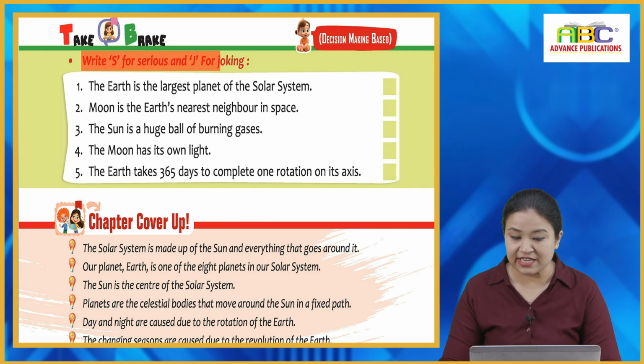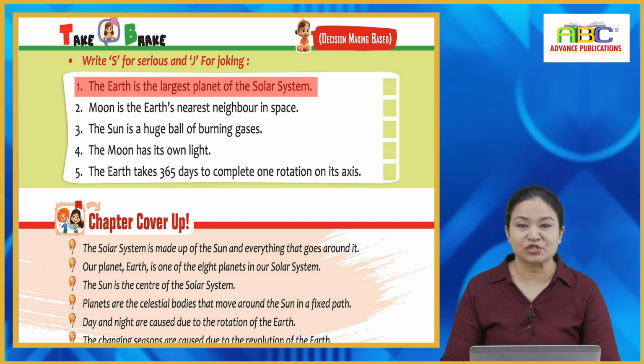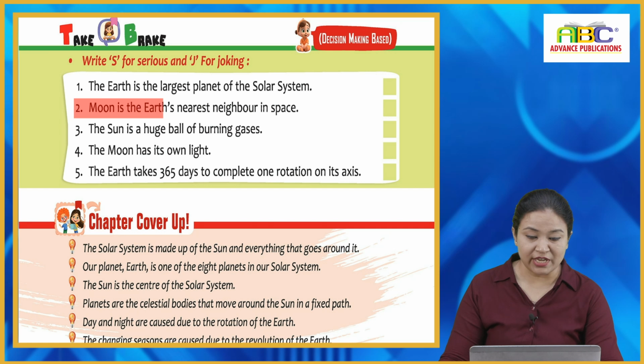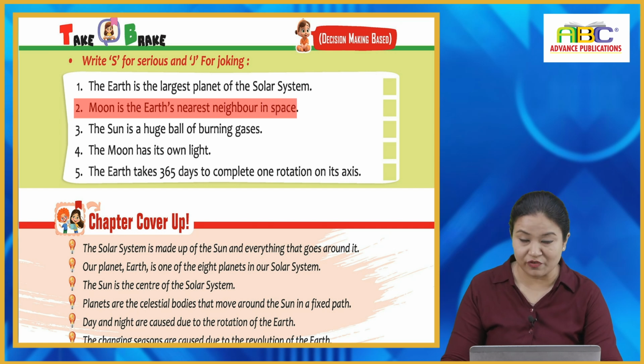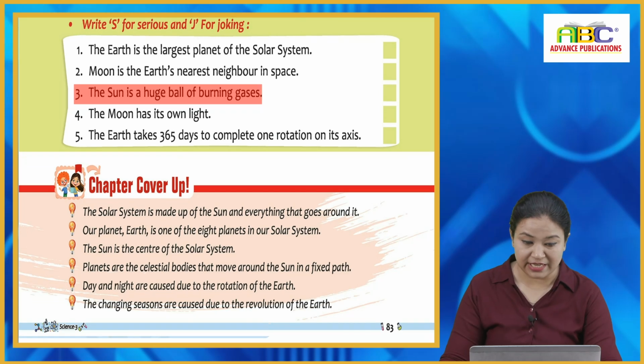Write S for serious and J for joking. The earth is the largest planet of the solar system. It is joking, it is not the largest planet. So you will write J here. Moon is the earth's nearest neighbor in the space. It is serious, so you will write S here. The sun is a huge ball of burning gases. It is true, so you will write S for serious here.